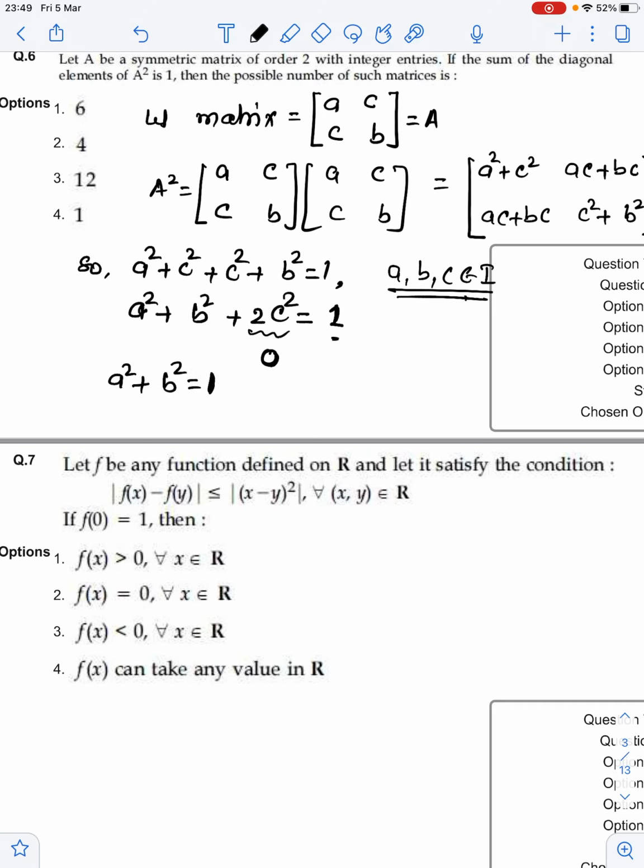And again 1 is only possible when one is 0 and the other is plus or minus 1. So A is 0 and B is plus or minus 1, and another combination is when A is plus or minus 1 and B is 0. So 2 and 2, a total of 4 such matrices are possible. Option number 2.